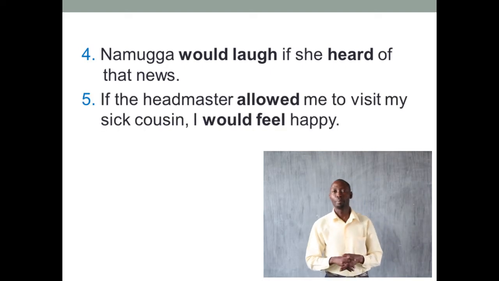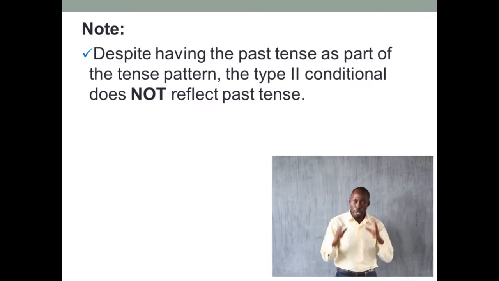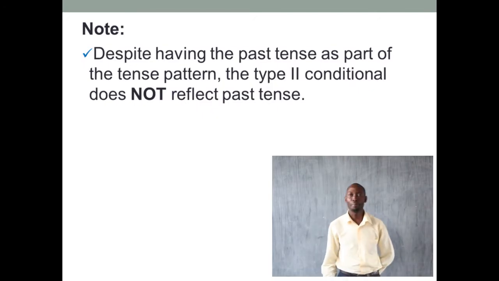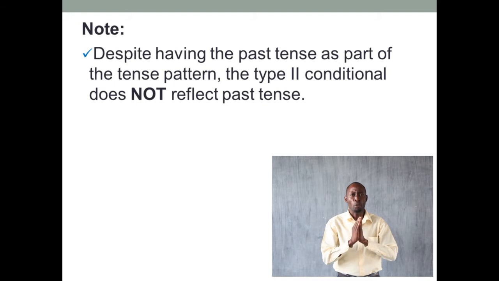Number 5, if the headmaster allowed me to visit my sick cousin, I would feel happy. Allowed, past simple tense, would feel, present conditional tense. Now, please note, this is very important, candidates. Despite having the past tense as part of the tense pattern in the type 2 conditional, this conditional does not at any moment reflect past tense.